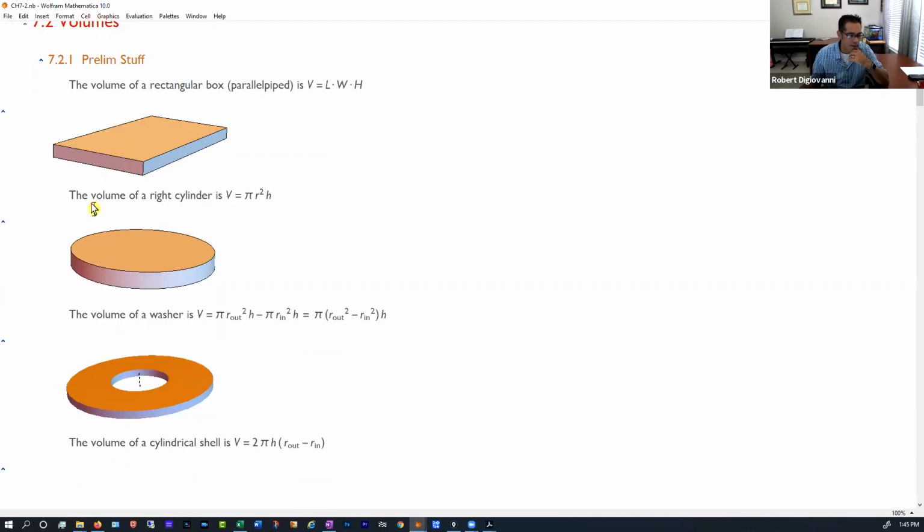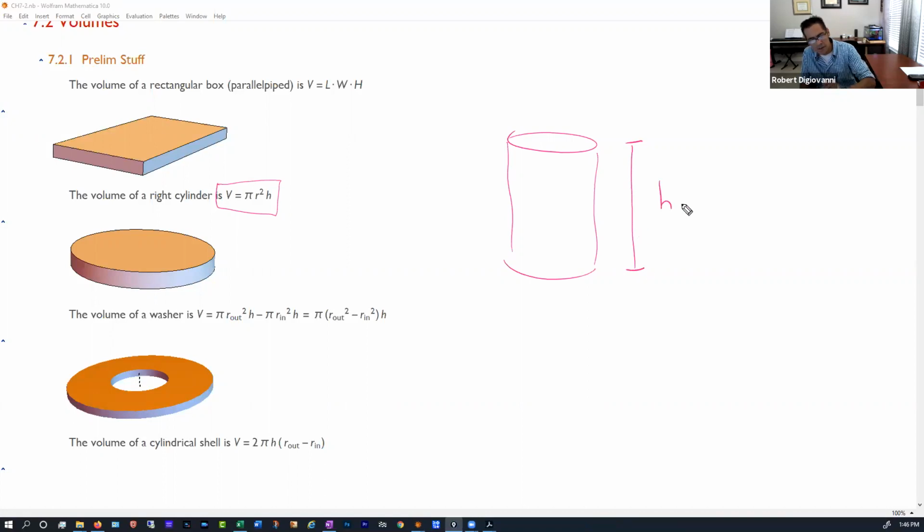Now, if we have a right cylinder, that is just your basic good old cylinder, like a beer can or soda can, then the volume of this is pi r squared times h, where h is the height of the can. And where does the pi r squared come from? That looks familiar.